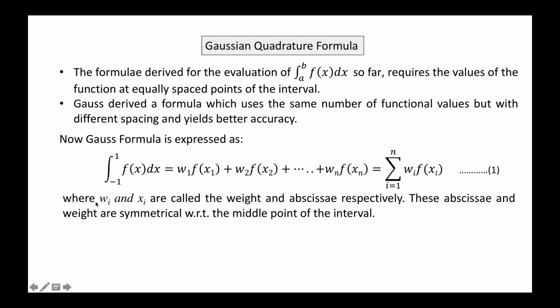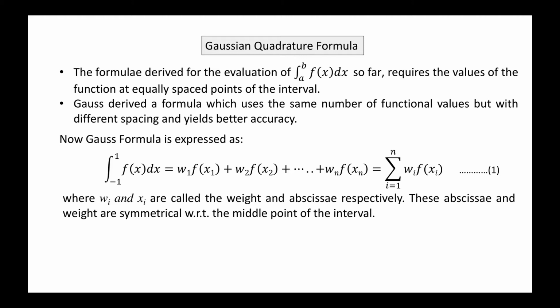So weight of the function, and abscissa means at which position you have to calculate the function. These abscissa and weights are symmetrical with respect to the middle point of the interval. The weight of the function will change if you choose a particular Gauss formula, that is for n equal to 1, 2, 3, and so on.